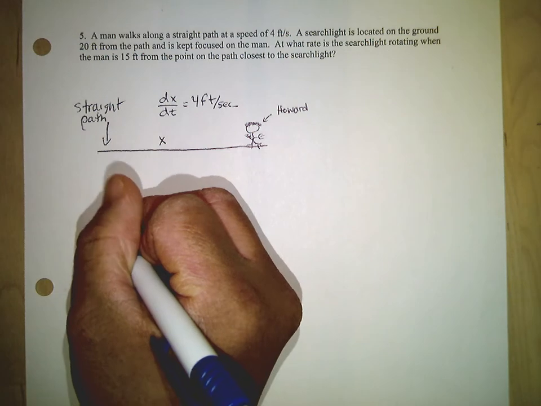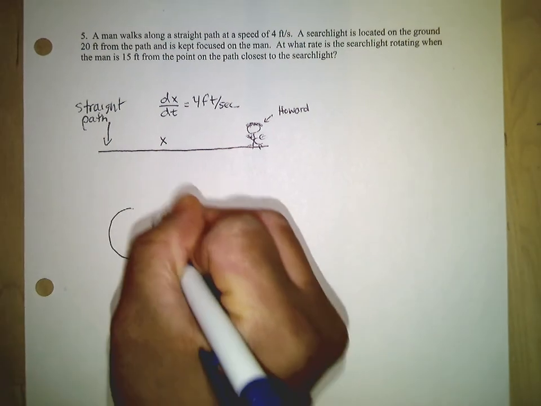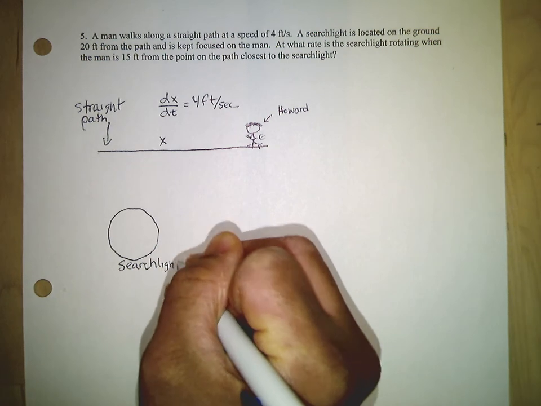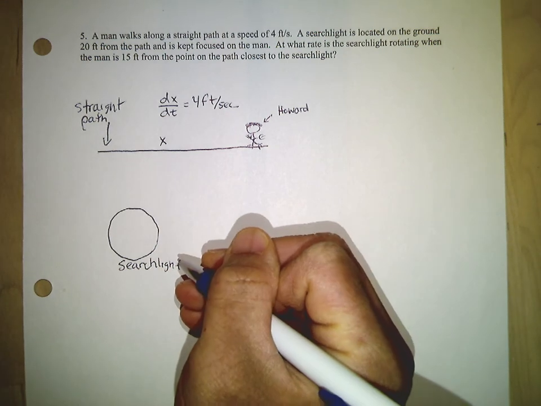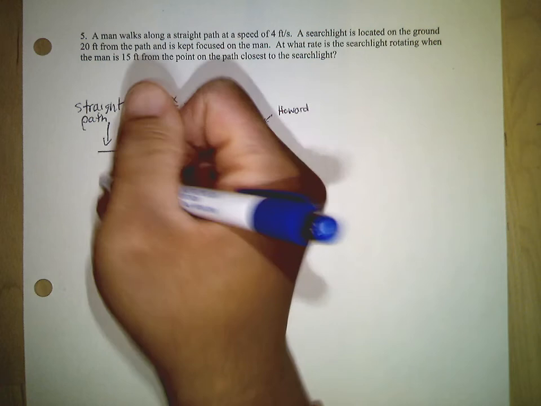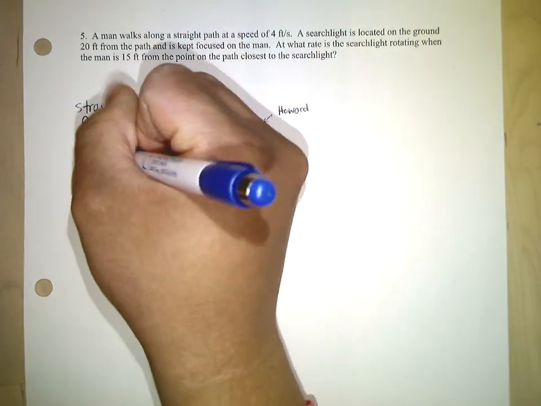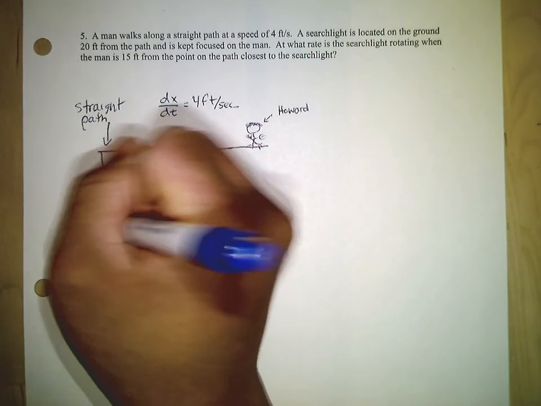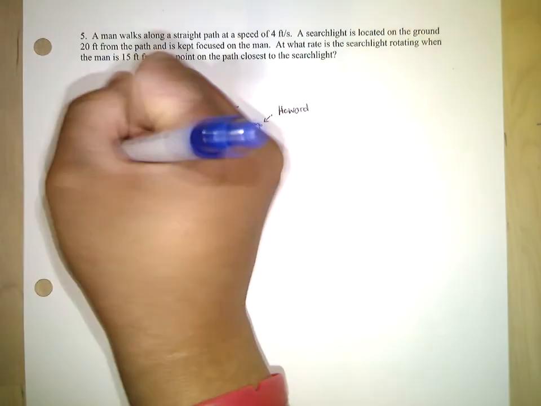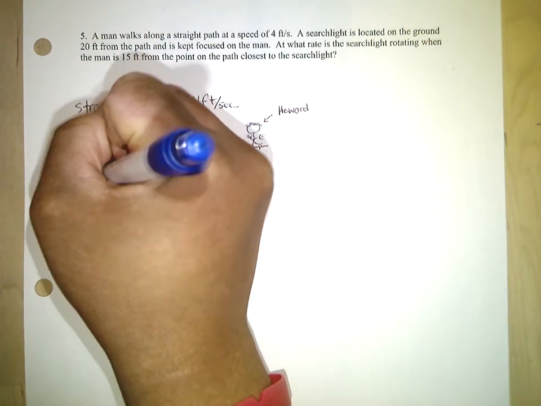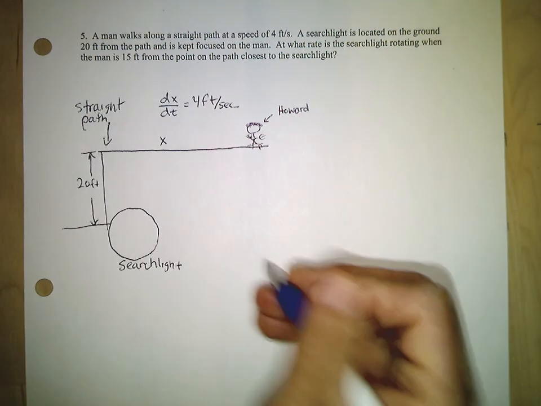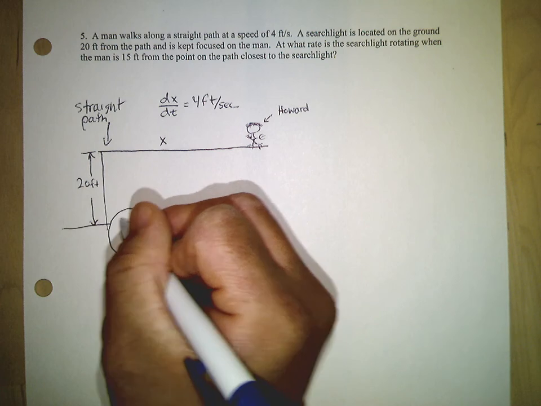So here is the searchlight, right, and the searchlight is 20 feet from the path. So here is the 20 feet from the path, and is kept focused on the man.